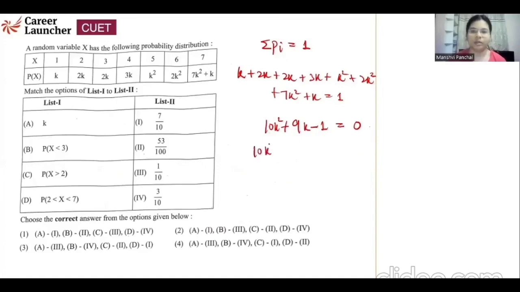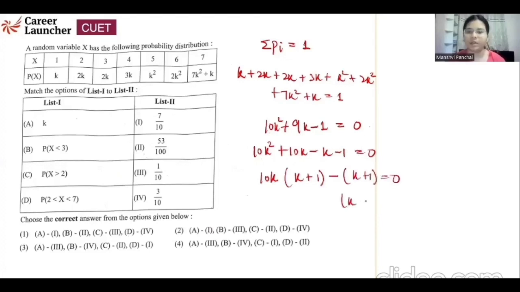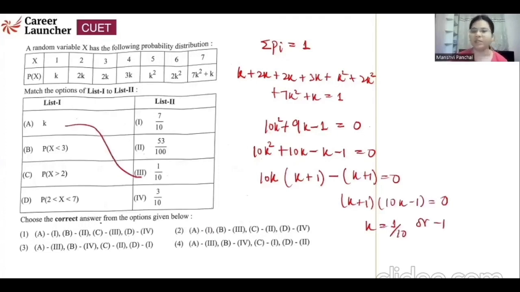This will be 10k square plus 10k minus k minus 1 equals 0. So k and 10 will be out. K plus 1 minus k plus 1. It means k plus 1 into 10k minus 1 equals 0. So k will be 1 by 10 or minus 1. It means k is 1 by 10 because k can't be negative because it is a probability.